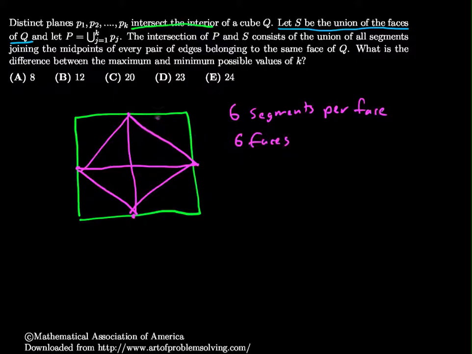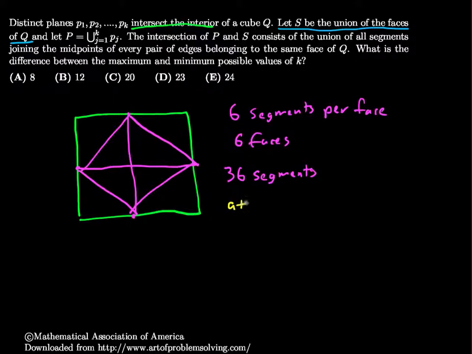So basically I need to make sure that I intersect the cube along 36 segments with planes. Okay, and I'll show you everything nicely in a second, but basically a plane can intersect a cube and hit at most 6 segments.